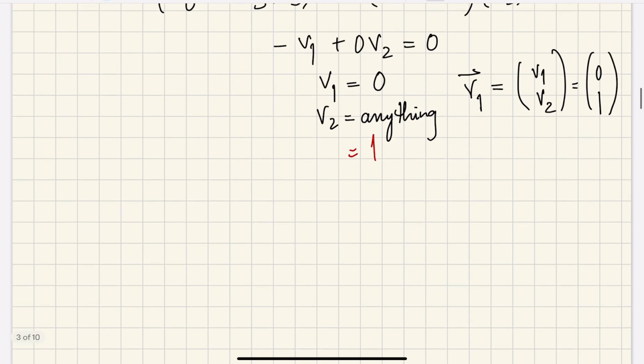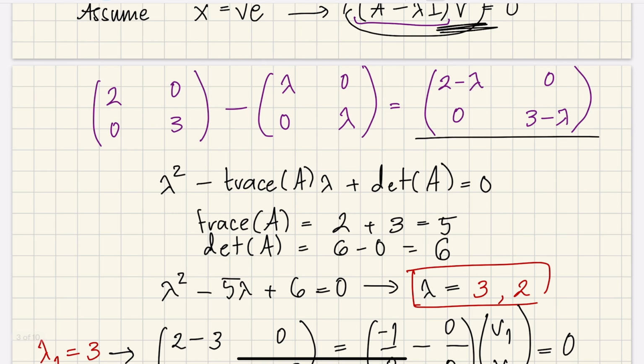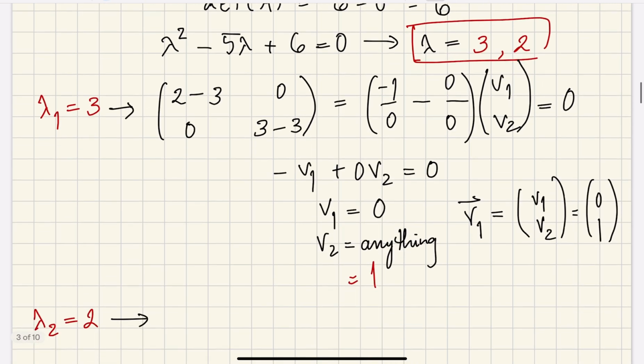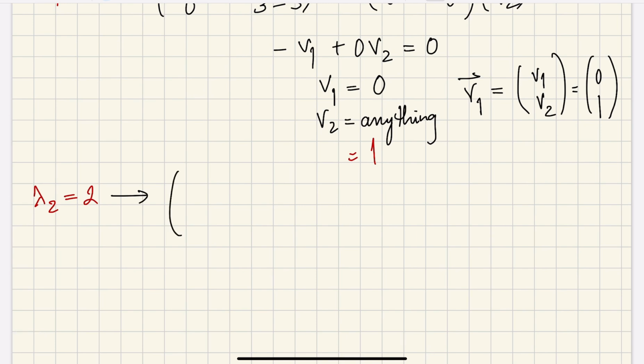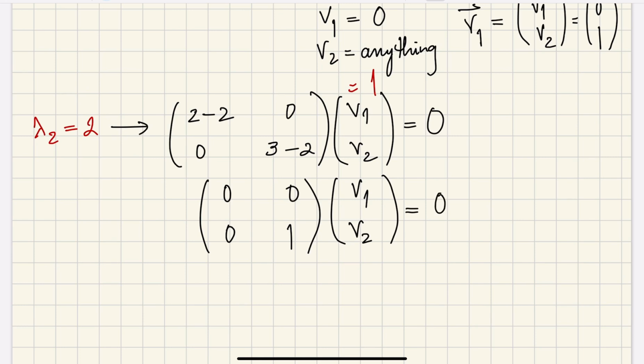We'll do the same exact thing for the second one. So we will put our value of lambda over here, times it by v. So we have [2 minus 2, 0; 0, 3 minus 2] times [v1, v2] is equal to 0, which is [0, 0; 0, 1] times [v1, v2] is equal to 0.